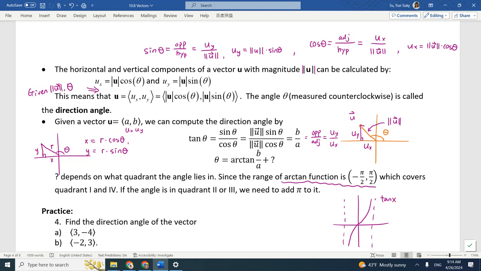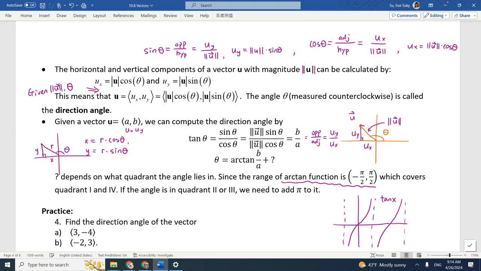But what happens if our angle theta is in quadrant 2 or 3? Then you need to add pi to it. Right, everybody? When you add pi to it, you have something like this picture.